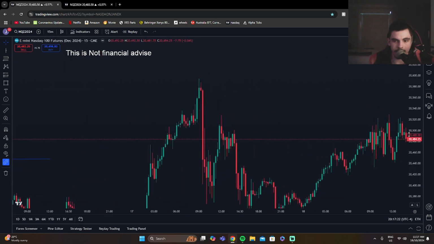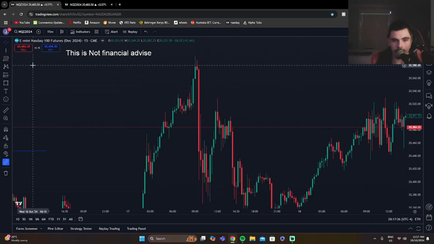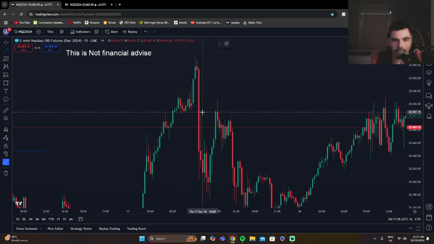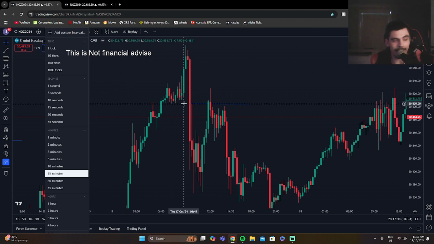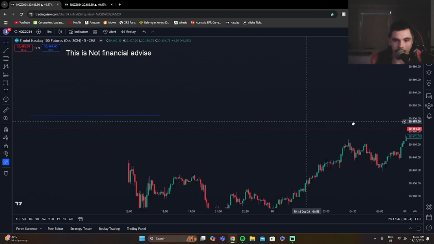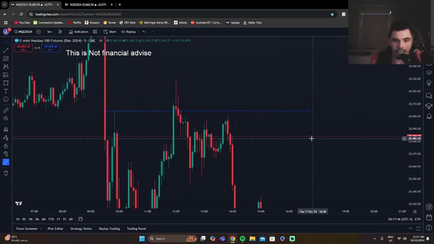Now I think there was definitely a long setup to go for the 15. I didn't take it because I figured we could have gone short from the 1 hour and not worry about the 15. So I didn't take it. Now, once again, I'm short from the 15. And once again, there was no setup until the freaking afternoon session. So I didn't get nothing. However, I'll be completely honest.